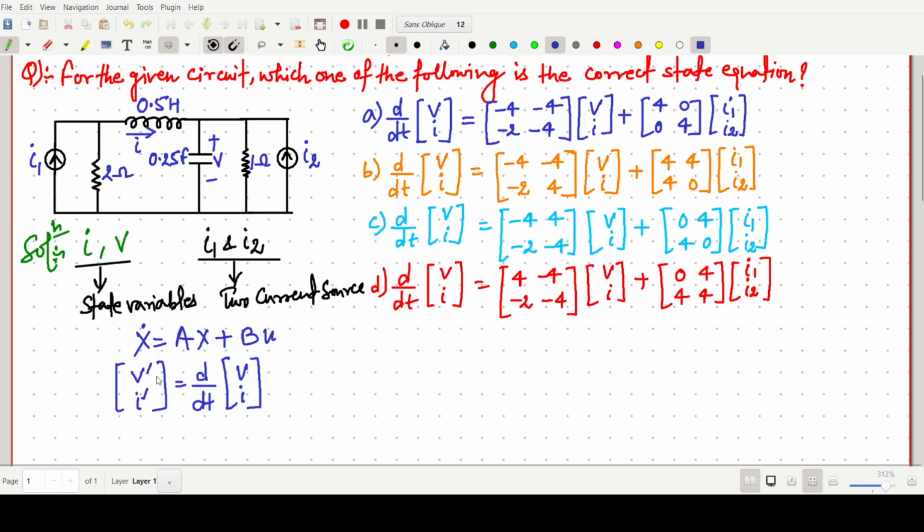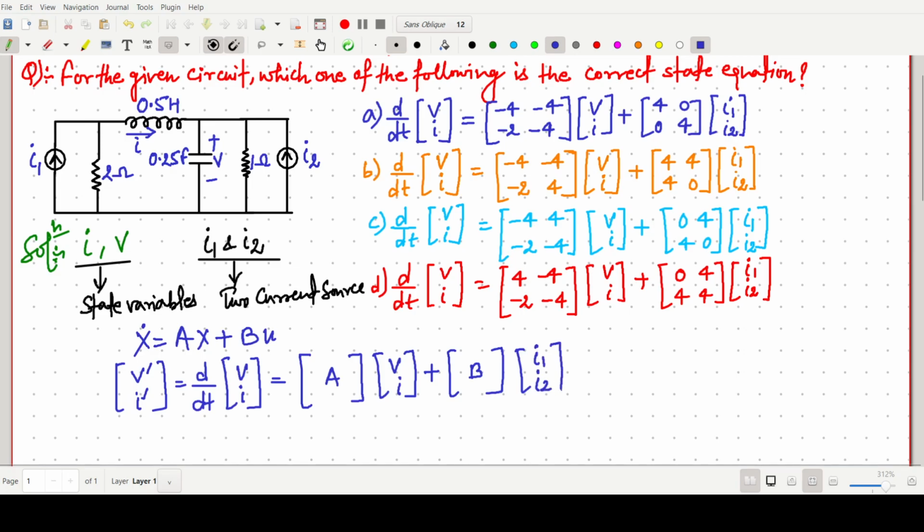Then we write some matrix A times the state variables v, I, plus some matrix B times the current sources I1, I2.